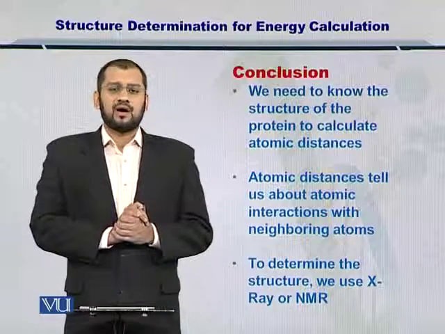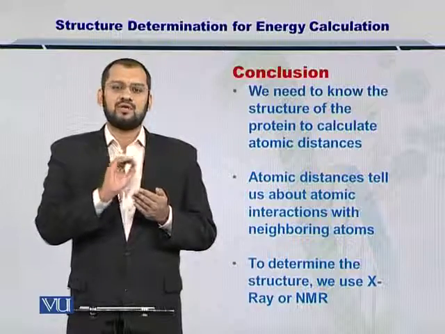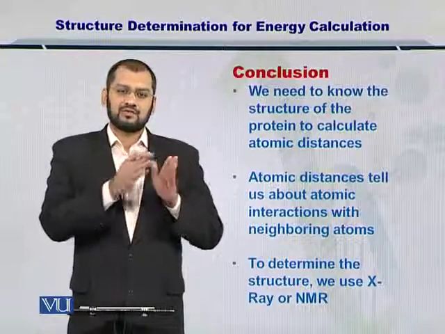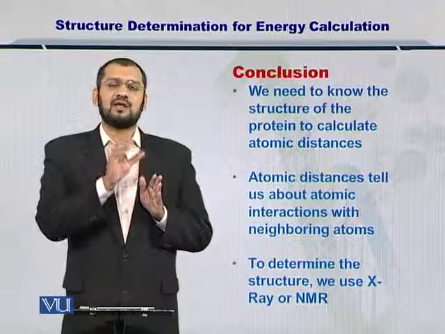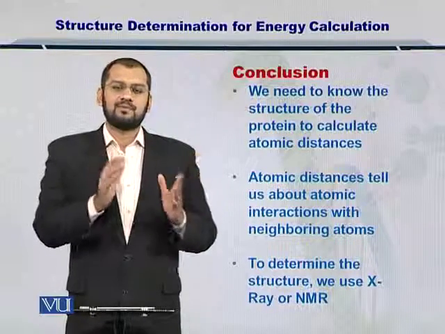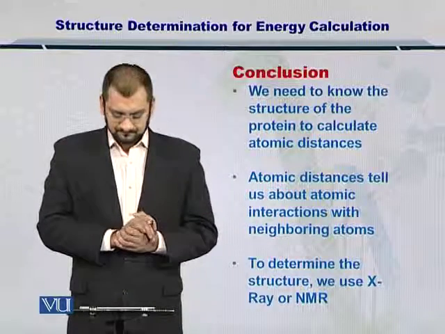You can use NMR or X-ray, and you can look at the position of each atom within the protein. You can look at the distance between these atoms. You can assign which interaction may be taking place, and therefore you can sum the entire energy content of the protein.